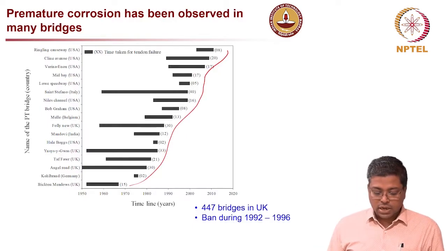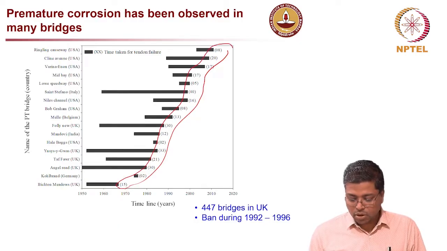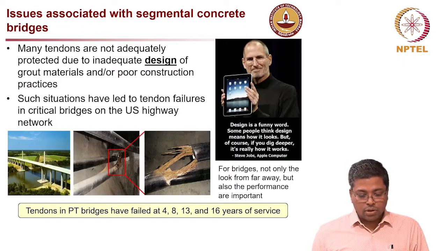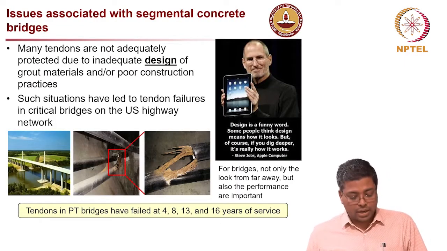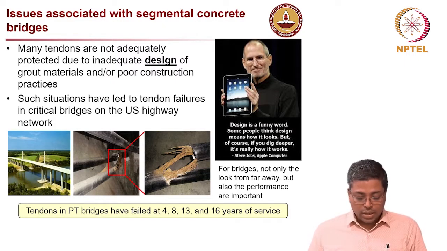This is a bar chart showing the premature corrosion on prestressed concrete, post-tensioned bridges. The numbers in the parentheses show the number of years before they exhibited corrosion. Now, what are the issues? Mainly the tendons are inadequately grouted, and hence they corrode prematurely.